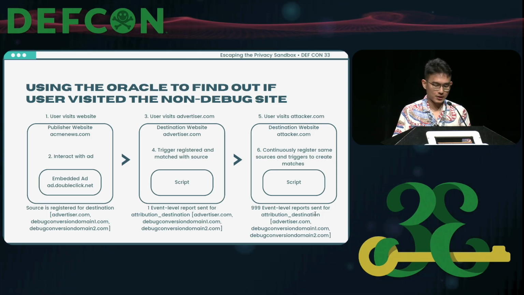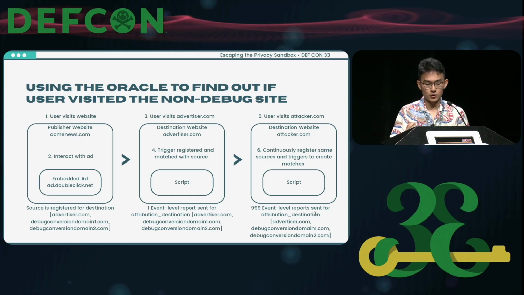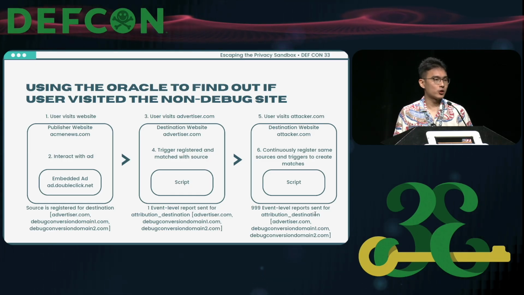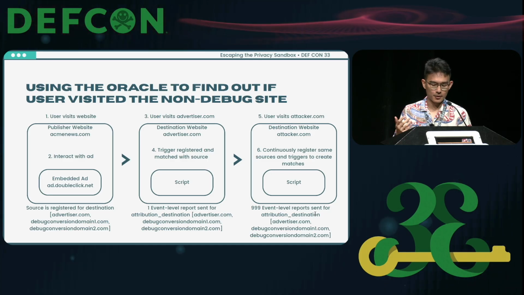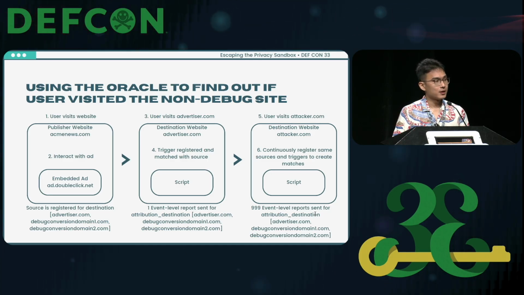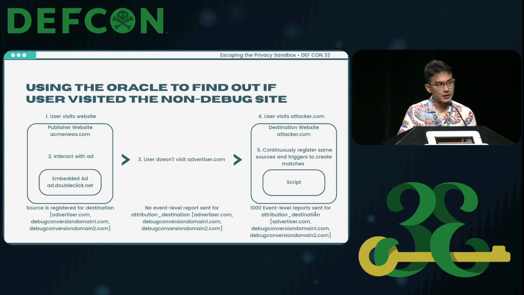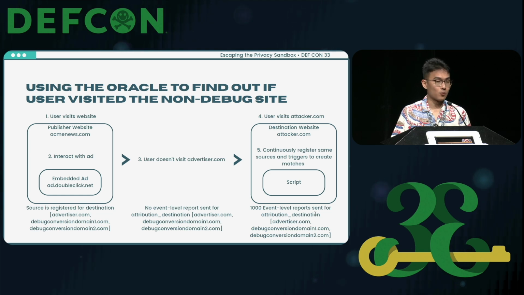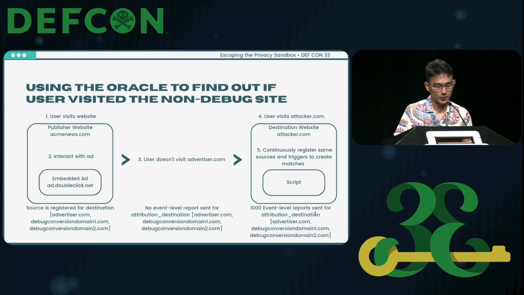But later, if they were to visit the attacker-controlled website, because I control debugconversion1.com and 2.com, I'm able to then repeatedly trigger source and trigger registrations and perform that matching and trigger the remaining 999 event-level reports. Conversely, if that user didn't actually visit the advertiser.com destination, I would be able to send 1,000 of these reports instead. So this effectively allows me to use a Boolean oracle to determine if that user had actually visited the advertised website or not.